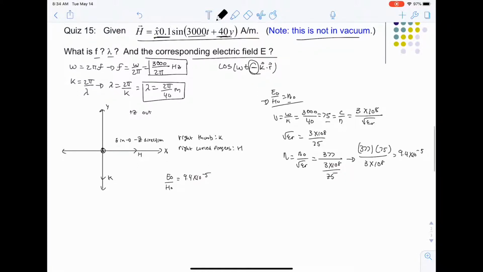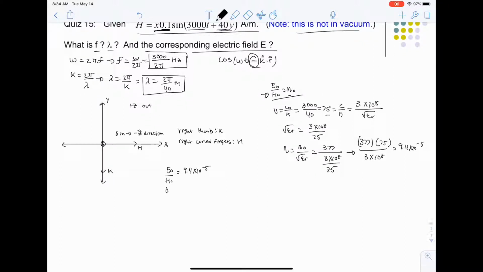And we know our H naught is 0.1, which is given here. So E naught equals 9.4 times 10 to the negative 5 times 0.1, which equals 9.4 times 10 to the negative 6.